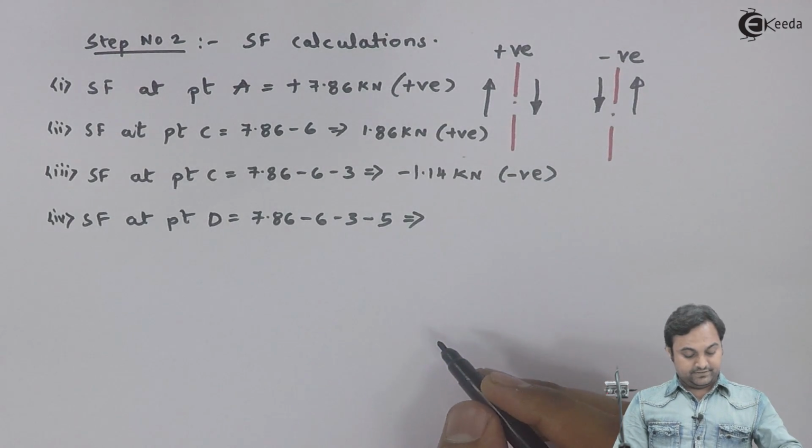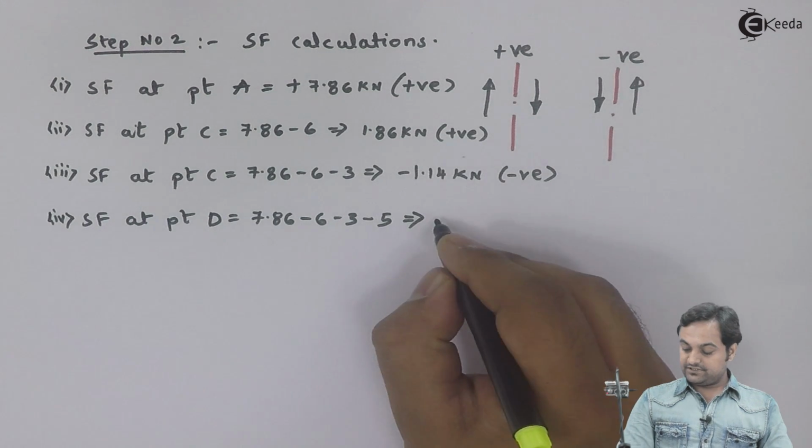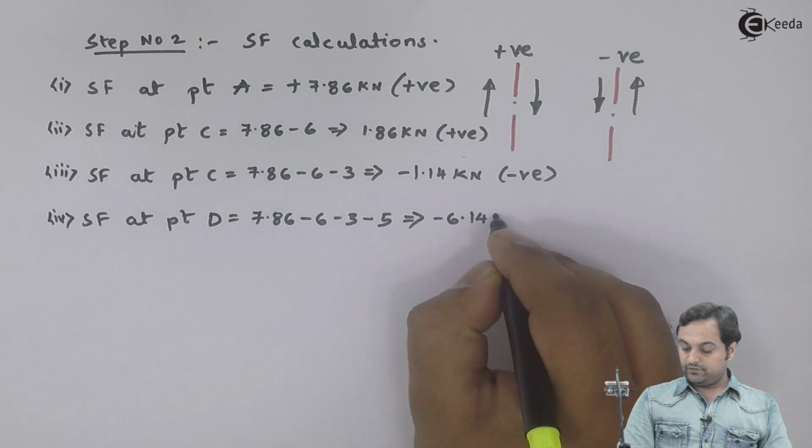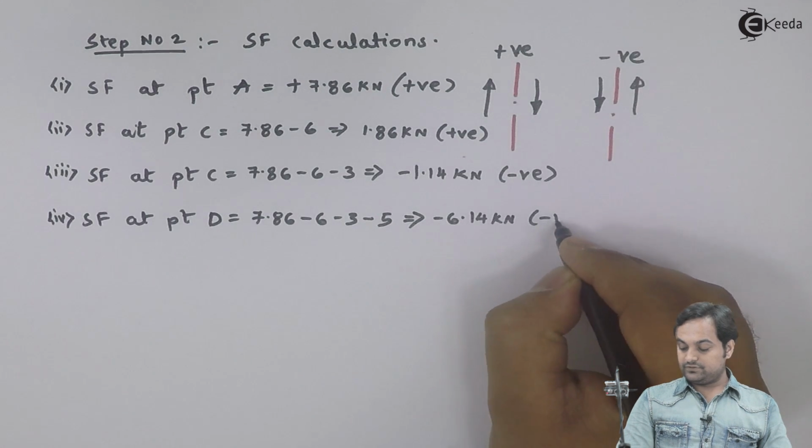Hence here I get the value as minus 6.14 kilonewton, that's also negative.